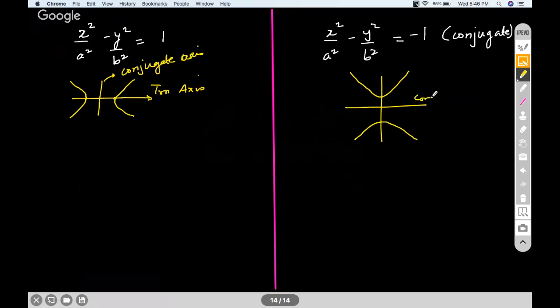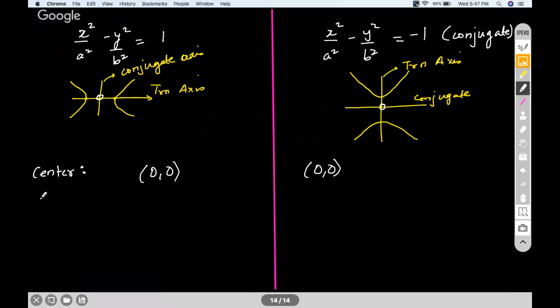And here this is your conjugate axis, and your y-axis becomes the transverse axis. In both these situations, this will be the center. So the center for both of them would be 0 comma 0. That is something which you all know.